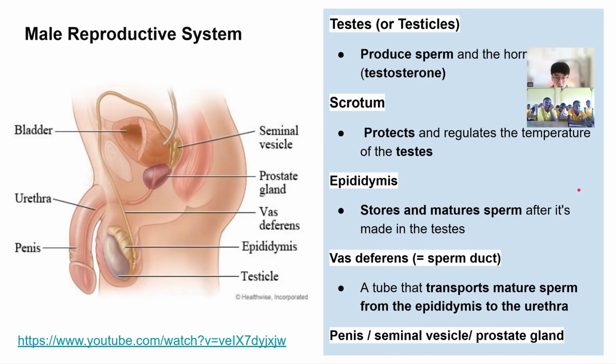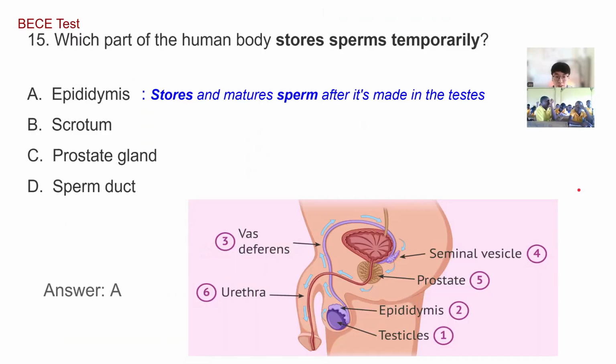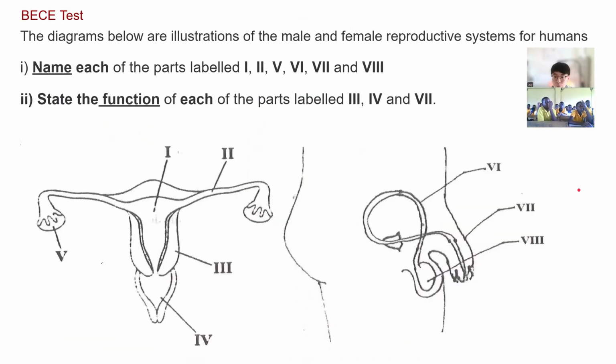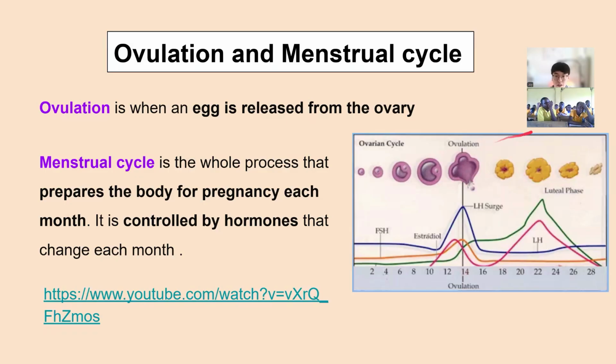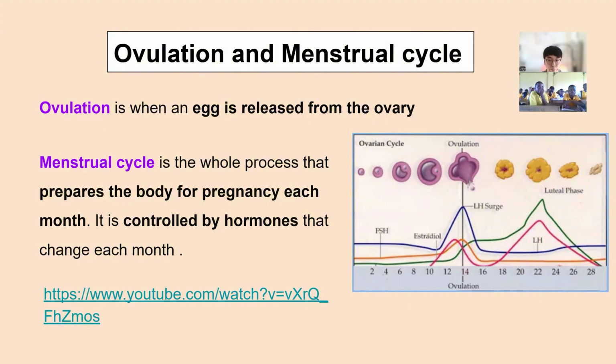So yeah, I hope this makes sense for everyone, and I'll be moving on to the ovulation and the menstrual cycle. So ovulation is when an egg is released from the ovary. And menstrual cycle is the whole process that prepares the body for pregnancy each month.